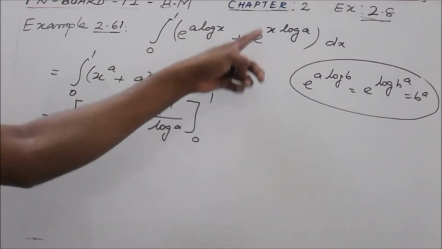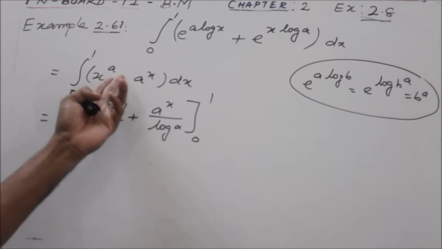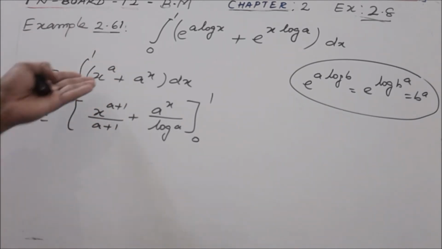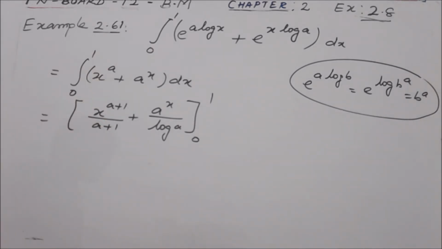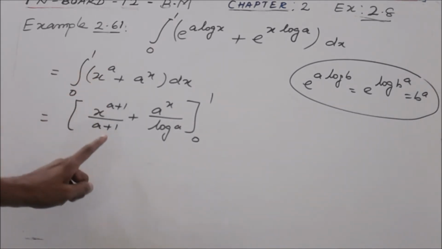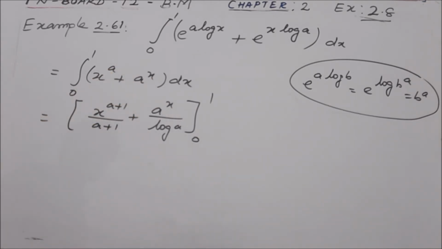Because the two different functions are combined by addition, individual functions we can directly integrate. We have direct formulas to integrate x power a and a power x. For x power a it is the x power n formula, x power n plus 1 by n plus 1. For a power x it is a power x by log a formula. Very simple. Now we can substitute.